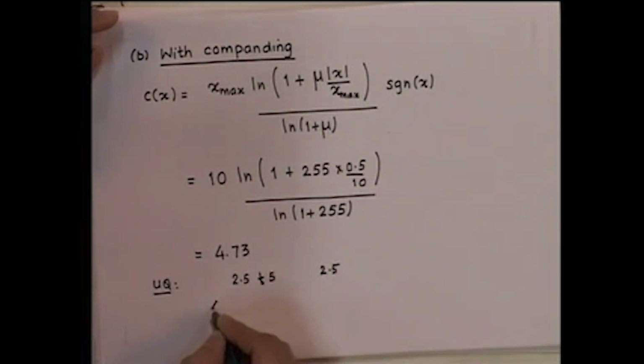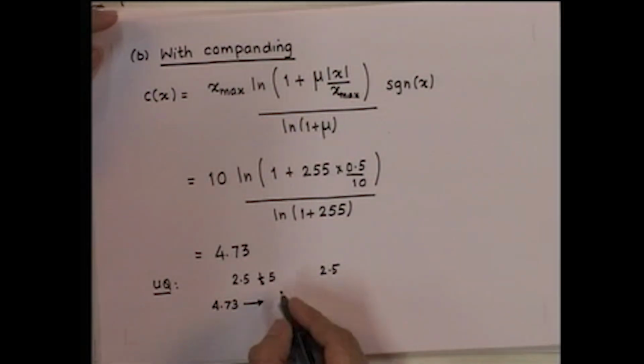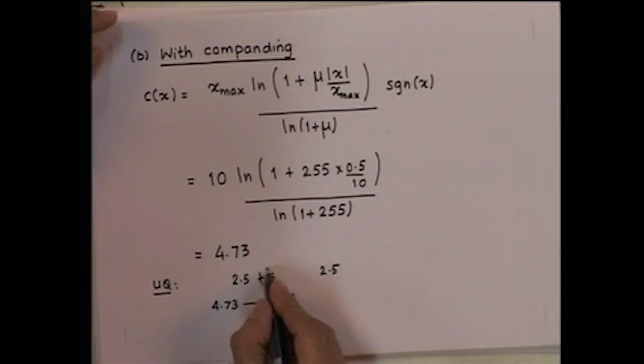Therefore, 4.73 will get quantized to 3.75, which is the reconstruction level for the interval between 2.5 and 5, that is the average of these two values.